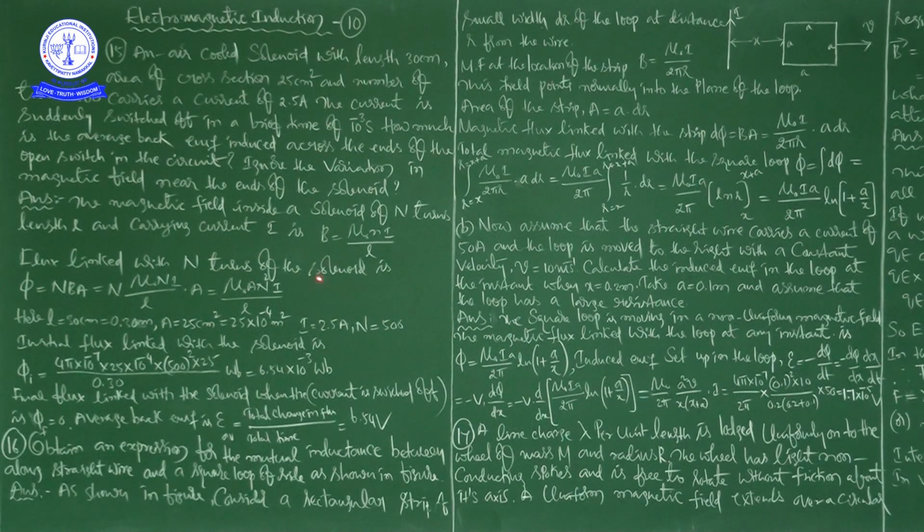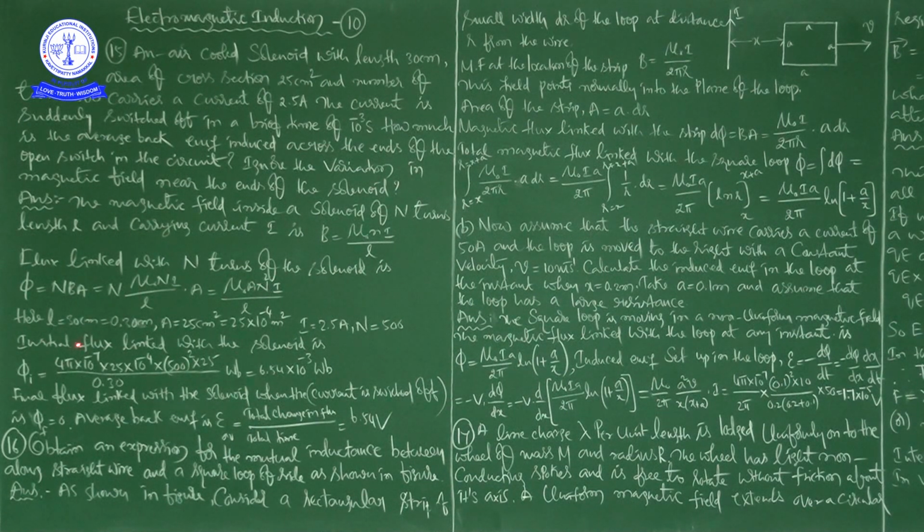If we are going to calculate the flux linked with N turns of the solenoid, then phi is equal to N B A. In place of B, we have to write this. Then finally, phi is equal to mu naught A N square I by L.